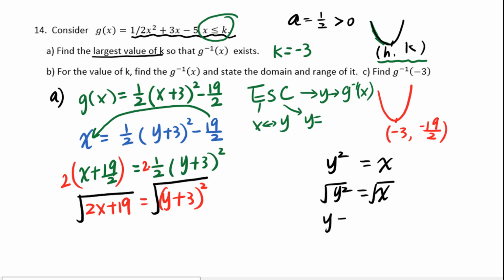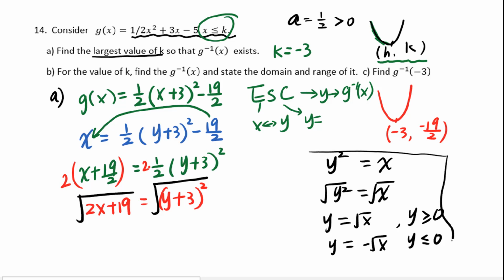Then y equals square root of x when y is greater than or equal to 0. When y is less than or equal to 0, you will get y equals negative square root of x. If possible, remember this as a formula. You need to check whether y plus 3 is positive or negative.